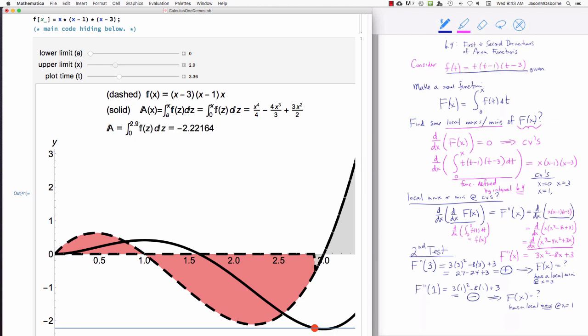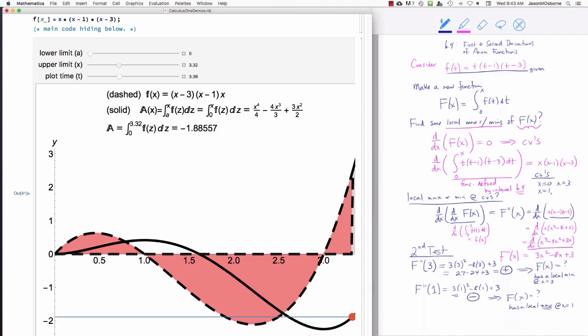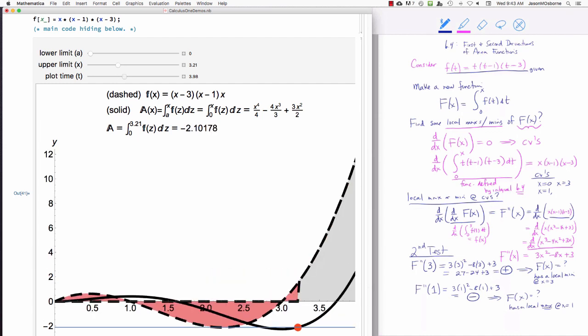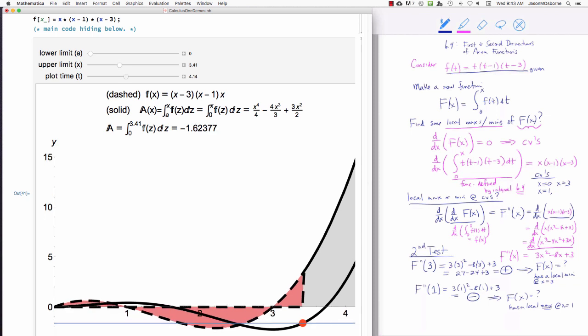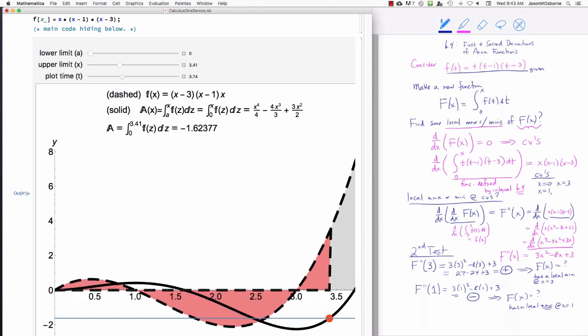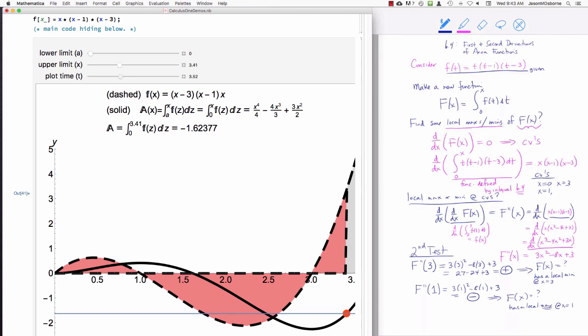After x is equal to 3, we start to get more positive area, okay, and so our function starts to come up, and from there on, we're going to get more and more positive area. Okay. So our area function, whatever formula it is, we know that it has a local maximum and minimum where its local maximum and minimum are.